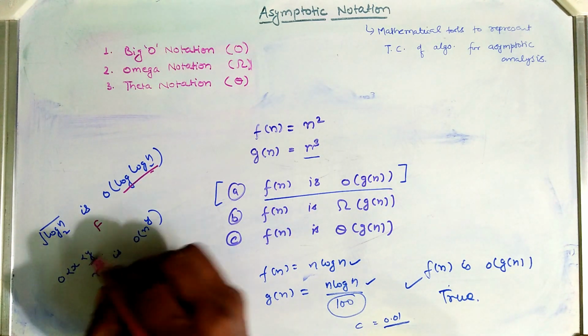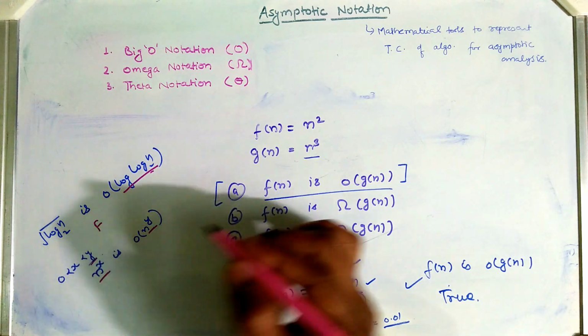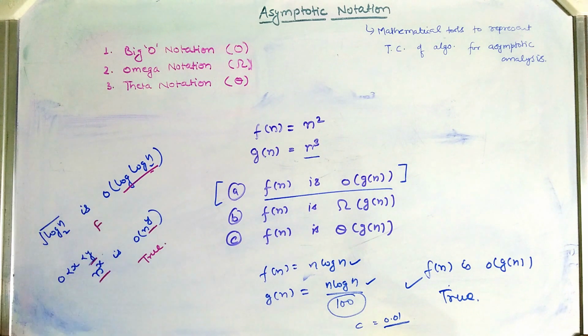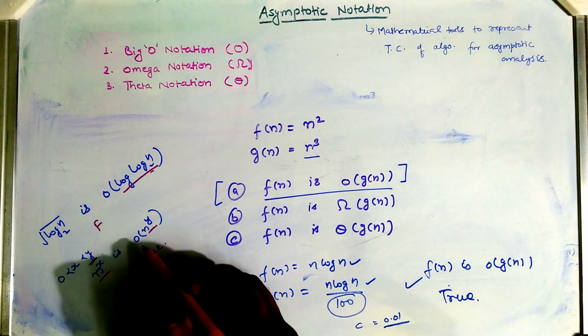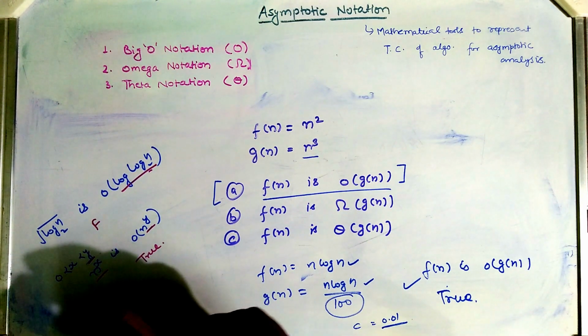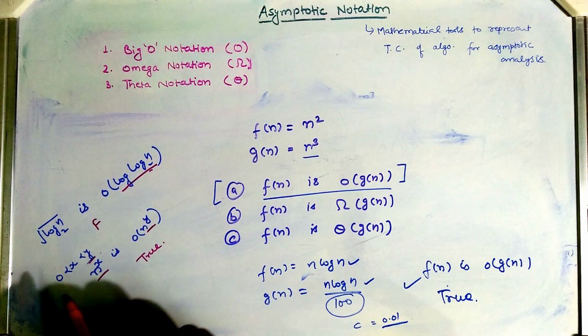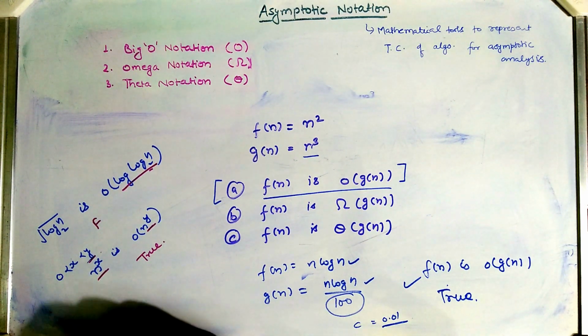Because the y value is greater than x, n to the power y always gives an upper bound. So that's why it is true, given that x is always less than y.